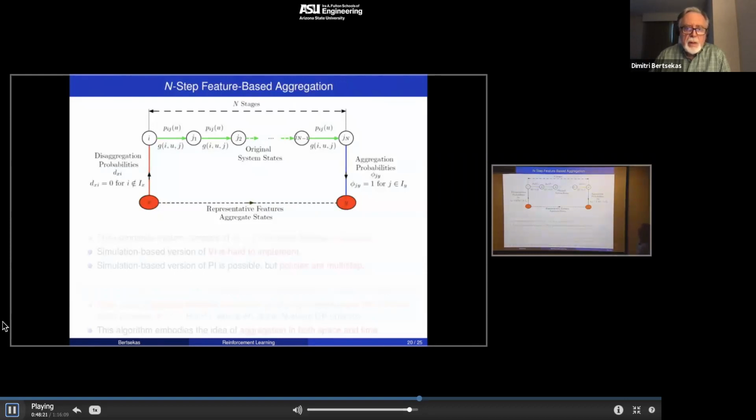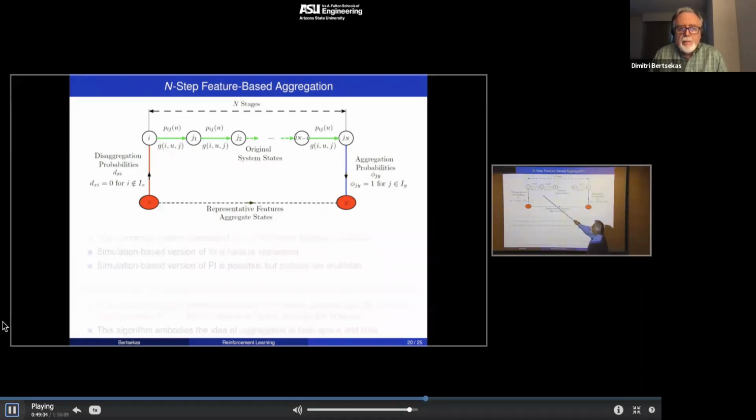So now let's look at another version of multi-step lookahead. You remember we had an aggregate problem structure involving representative features, with transitions to the original system states according to the disaggregation probabilities: one transition to a system state J from I, according to this transition probability, and then go down to an aggregate feature using disaggregation probabilities.